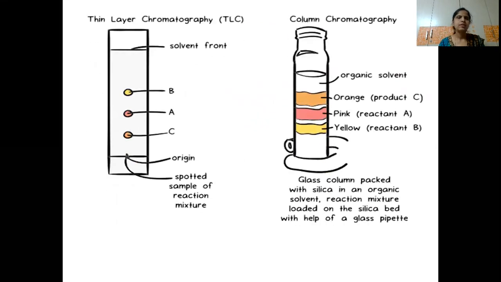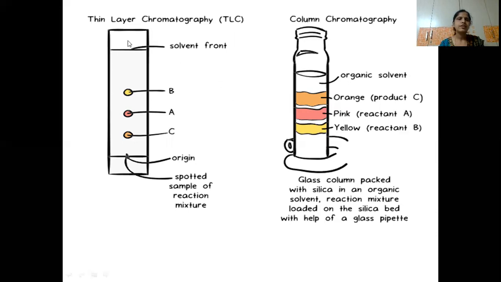Now in this diagram, you can see thin layer chromatography as well as column chromatography. This picture is given to help you understand the nature of the components present in the mixture, and which component is eluted out first or travels at a faster rate.